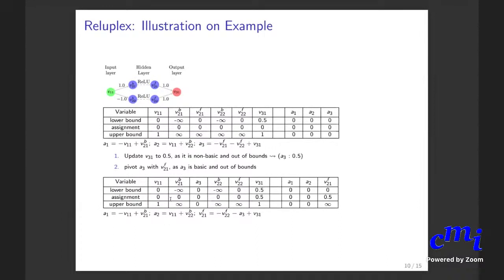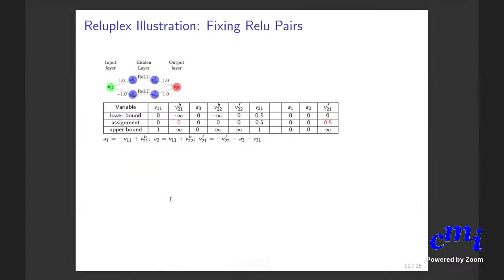And this is the sequence of things that goes. So I pointed out 0.5, and there is a ReLU violation. You fix that. And the constraint in the update says that among the ReLU pair, when you're trying to fix it, you can update one of them.